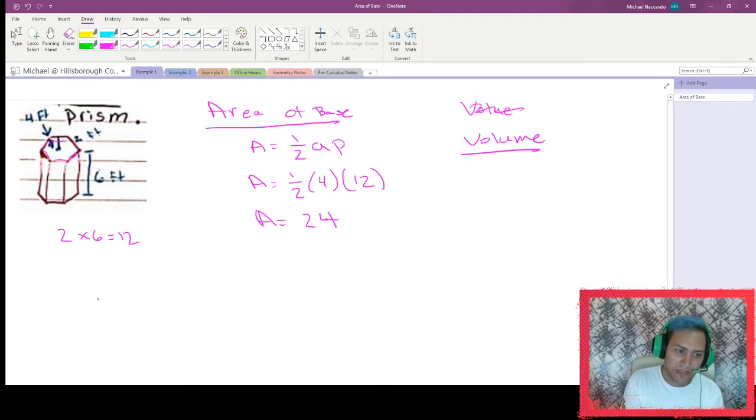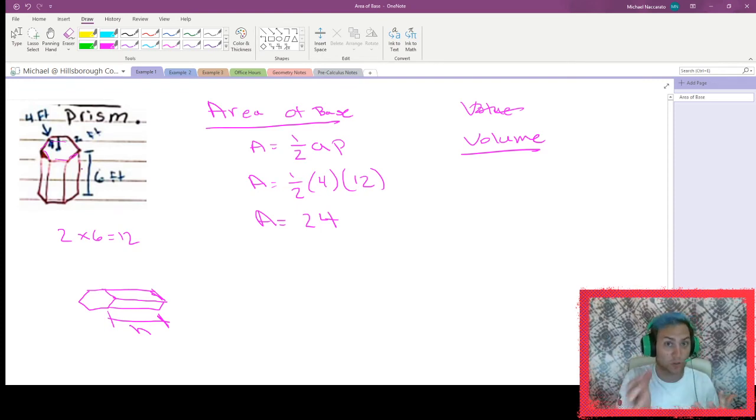You could have a hexagon that's sitting like this and goes this way, and the height then is going to be this length right here. Height just represents the distance between the two bases. In this case, the height is going straight up and down, but if I knock that prism over, because it's three-dimensional, the height might go sideways. Just remember, height always represents the distance from one base to the other base.